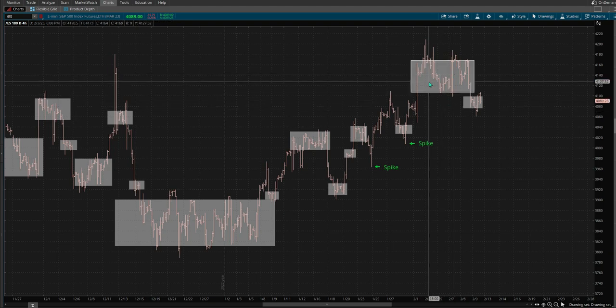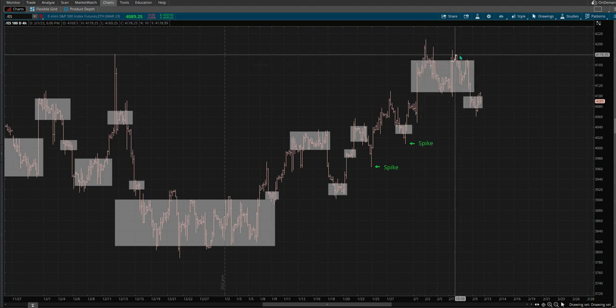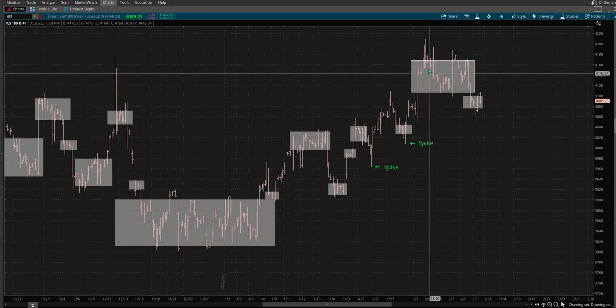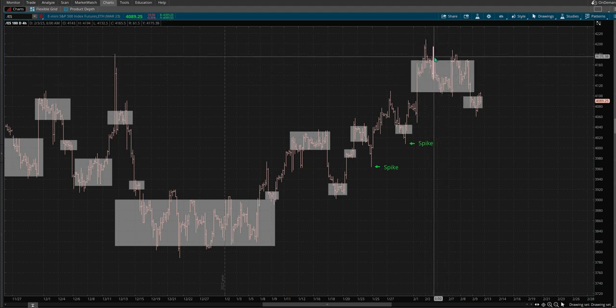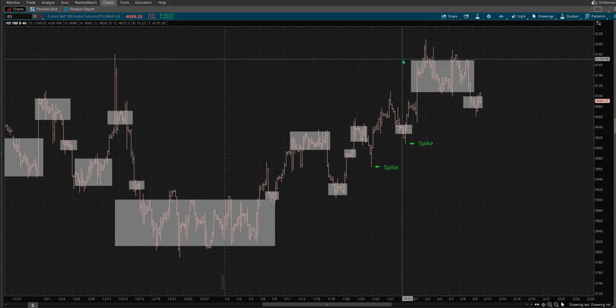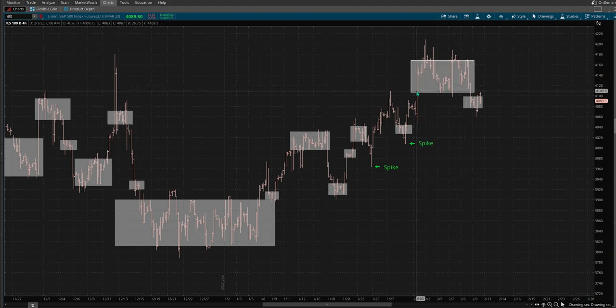So I'm just going to give you an idea of what's going on here. This market came up and started hitting the top, and this balance box could be raised up a little bit here. It tested it, broke through, came back, broke through, and came back. So that's obviously a resistance line, and down here is a support.